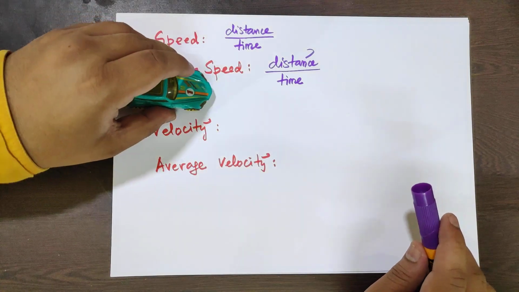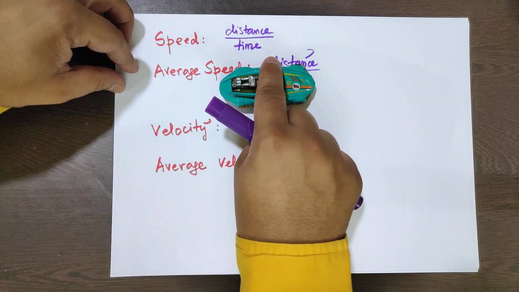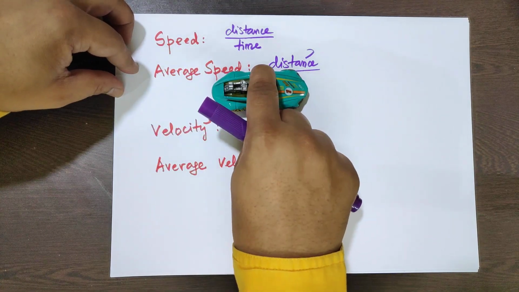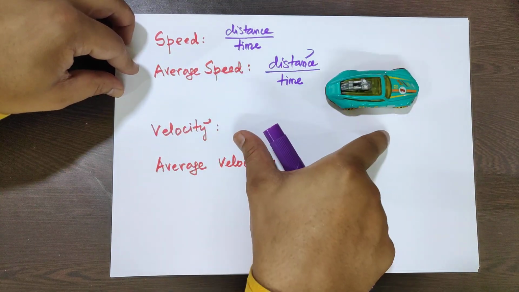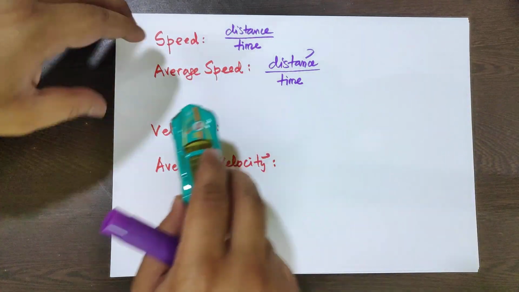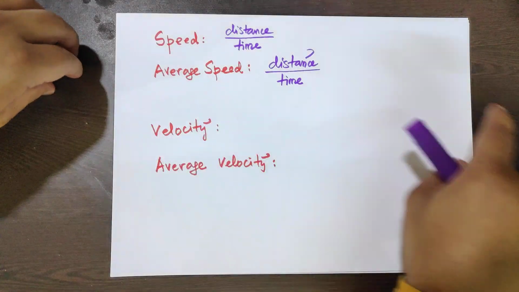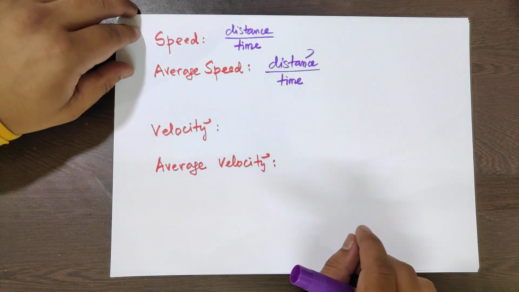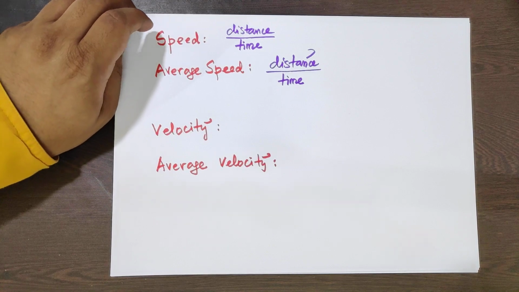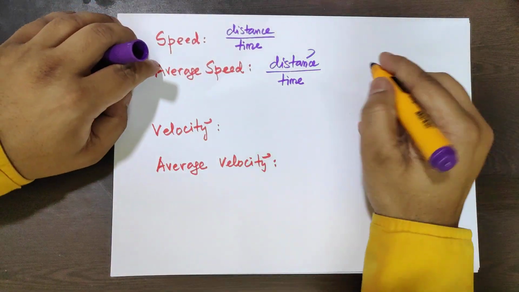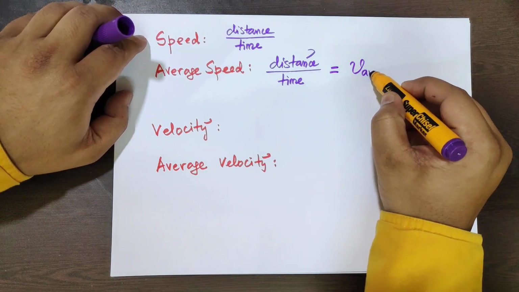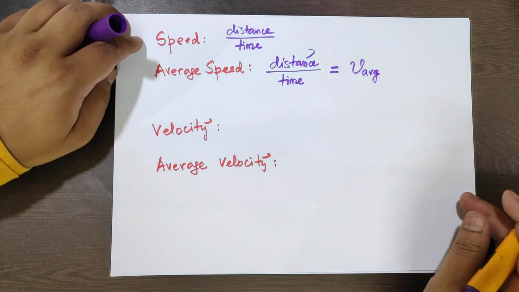So moving from here to here, if it moves slowly, the speed is less. If it moves fast, in this interval the speed is more, and again the speed is less. So during this total interval of time, the total distance by time is the average value of the speed, V average, right?